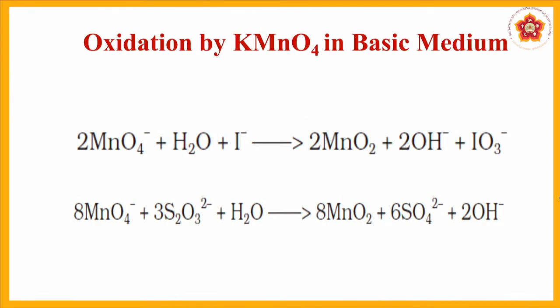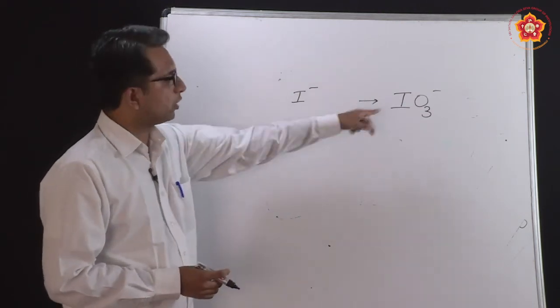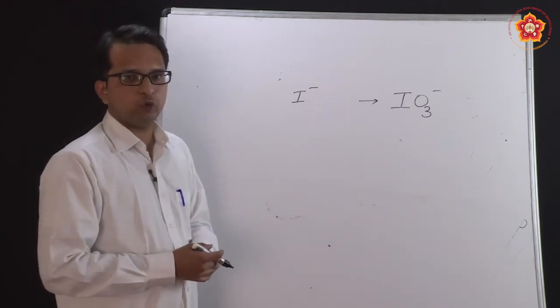So as an example, let me take this process now where iodide ion is going to be converted into iodate ion, which is IO3 minus.